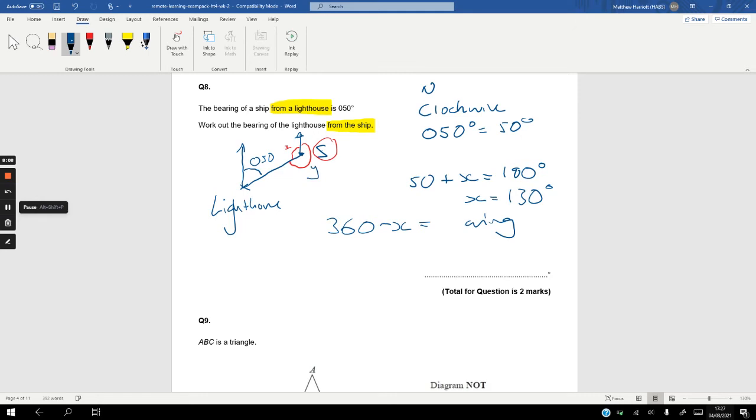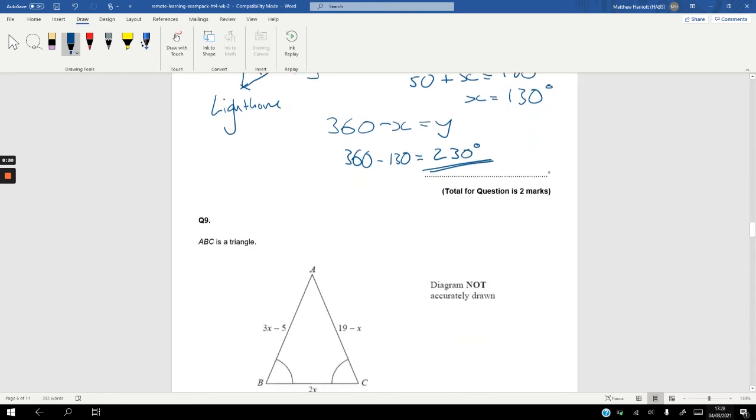Call that Y if I want to. And so 360 minus 130, which is 230 degrees, is my bearing and is my answer. The diagram there is the most important thing. If you get the diagram right, you'll get the question right.